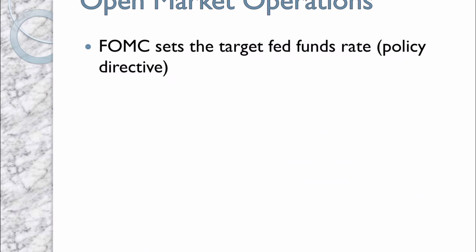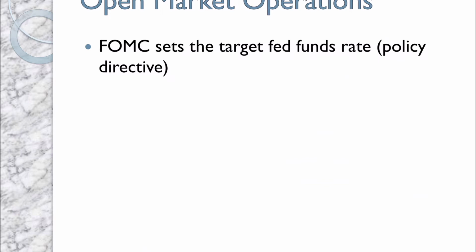Well, they do this through open market operations. Open market operations are defined as the purchases and sales of U.S. government and federal agency securities by the Federal Reserve. So the Federal Reserve is actually purchasing or selling U.S. government and federal agency securities.